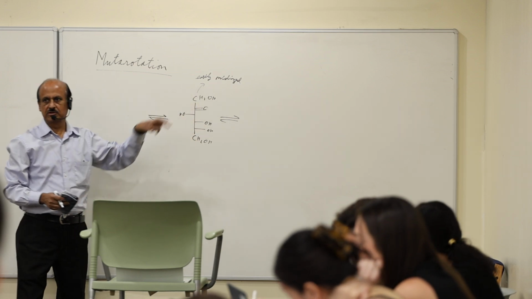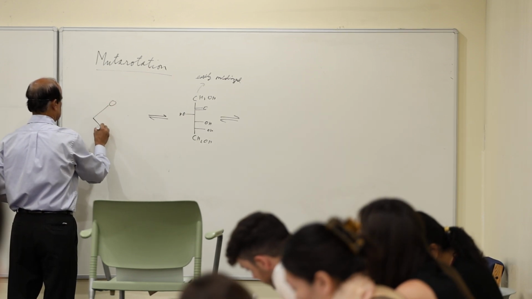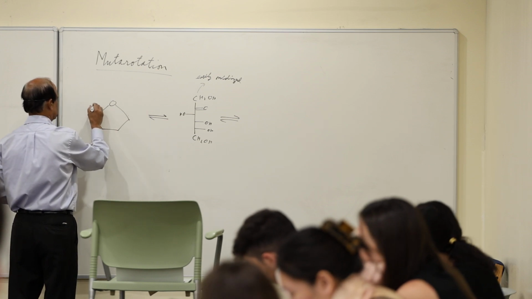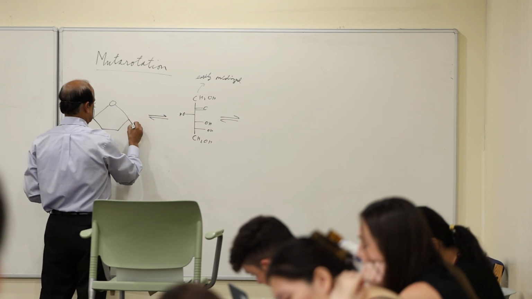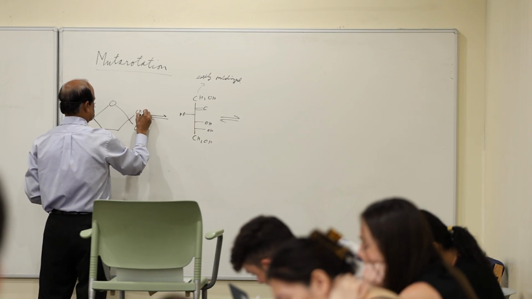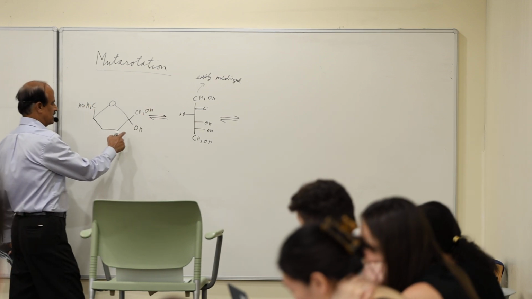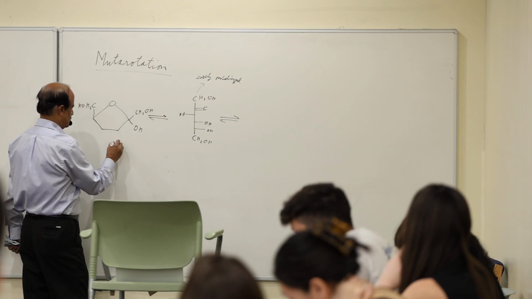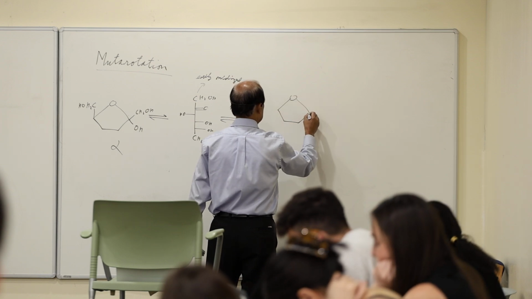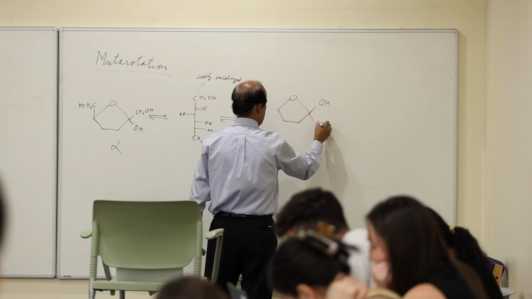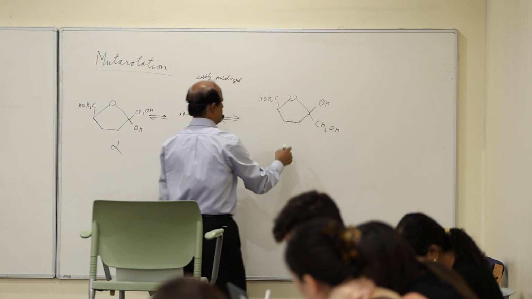So instead of a 6-membered ring, you get a 5-membered ring. The OH is down, so this is alpha, and if the OH is up, that's the beta.